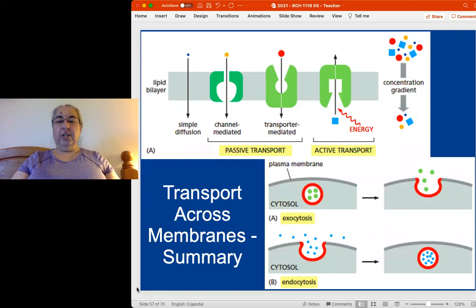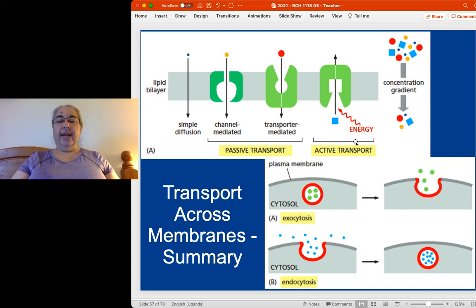Okay, so this just summarizes the different sorts of transport that we've seen so far. So we've seen diffusion across the lipid bilayer, and we've seen facilitated diffusion, channel mediated diffusion, and transporter mediated diffusion, but these are all forms of passive transport which don't need energy.